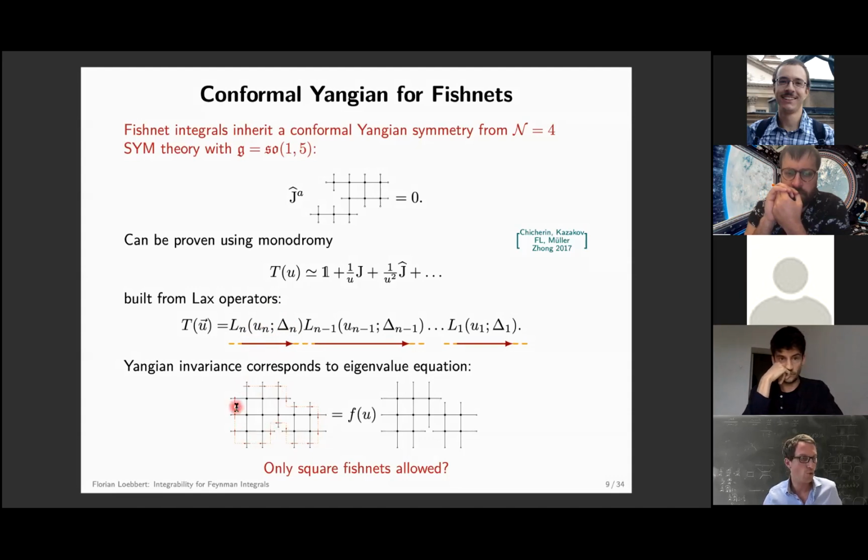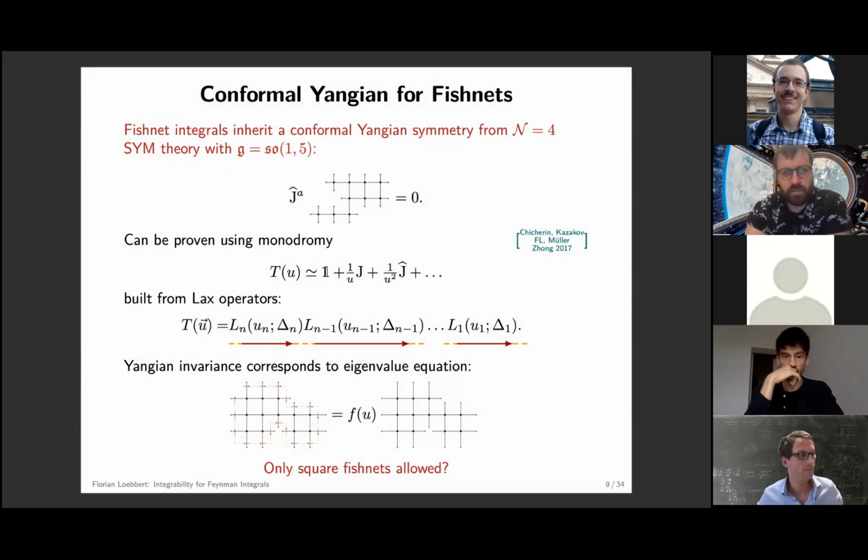And then there are certain rules which allow to pull this monodromy through the graph and thus to completely disentangle it from the graph, which results in such an overall eigenvalue factor, such that this eigenvalue equation then implies the invariance under the level 1 Yangian generators.